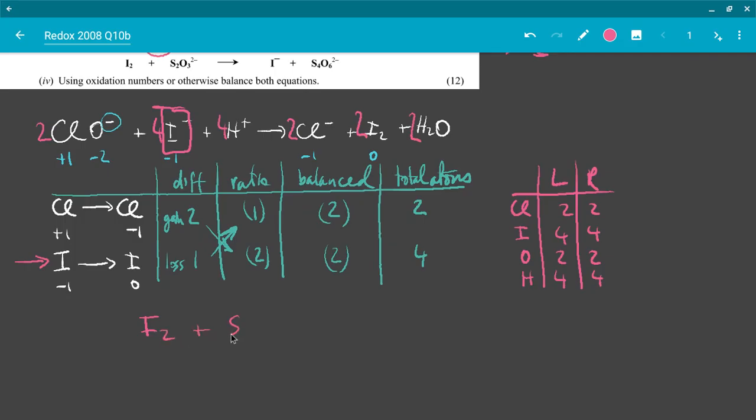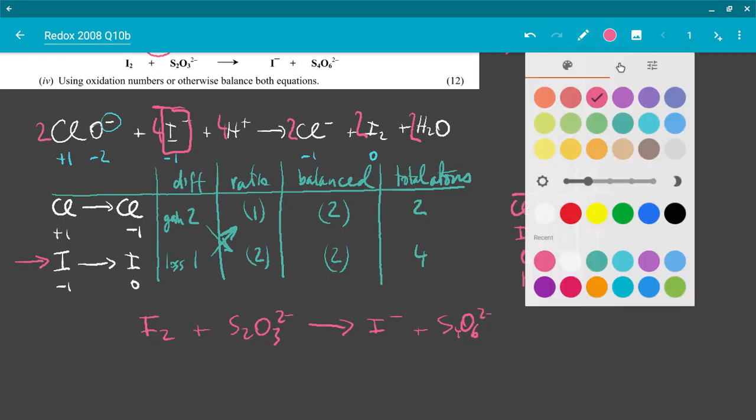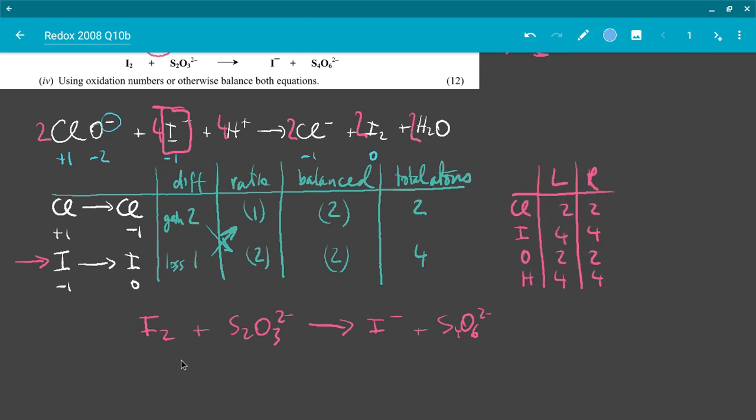I2. Oxidation numbers: got 0 there and -6 here, and the overall charge is -2.